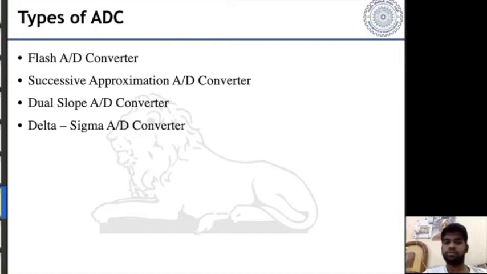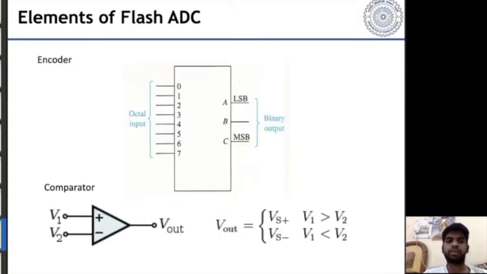There are mainly four types of ADCs, that are flash ADC, successive approximation ADC, dual slope ADC, and delta sigma ADC. I will be explaining all the types of ADC one by one in detail.